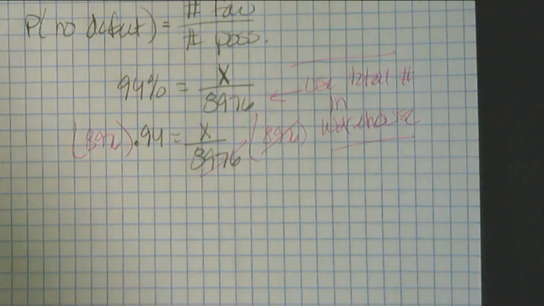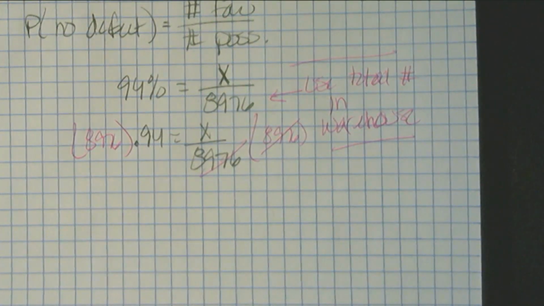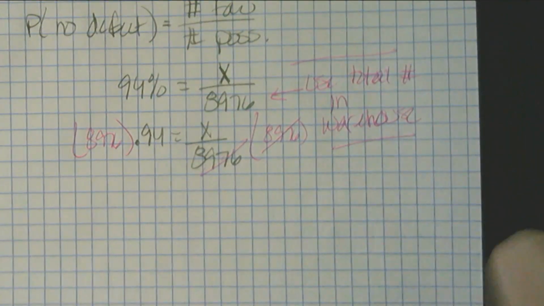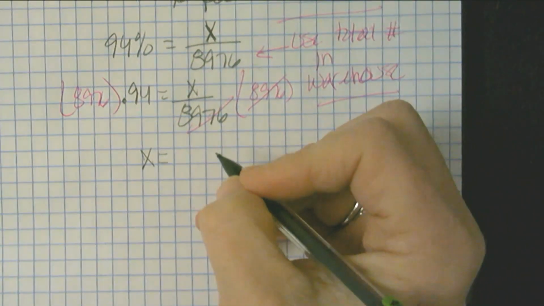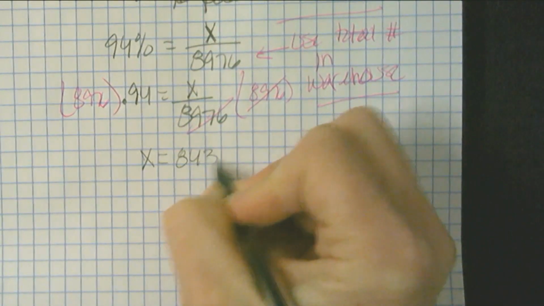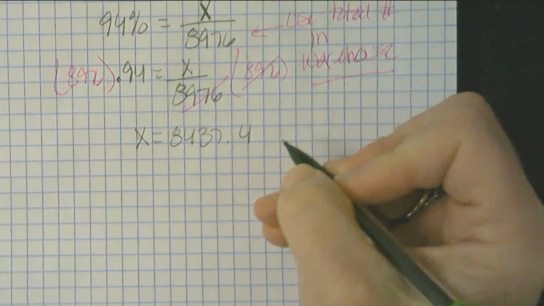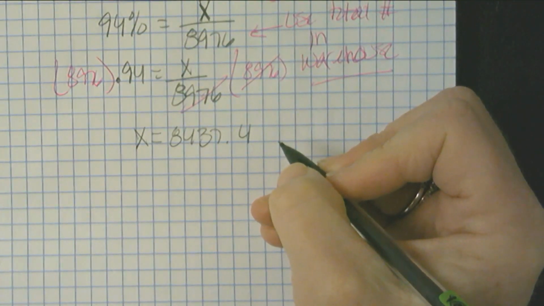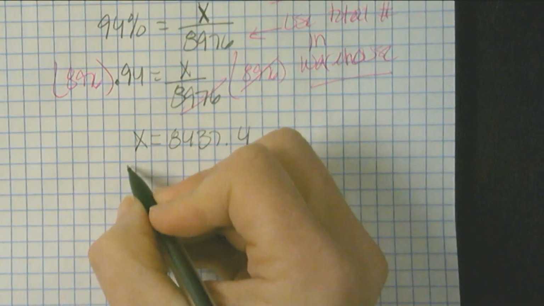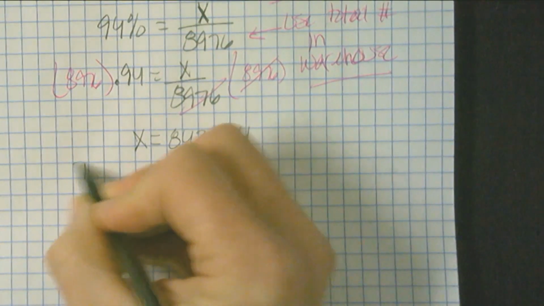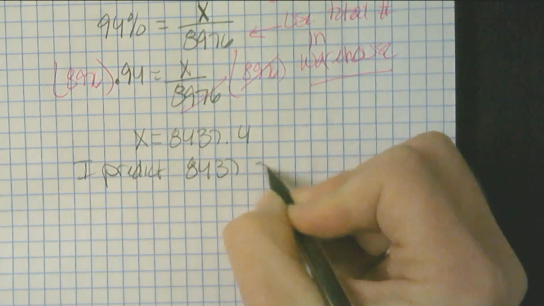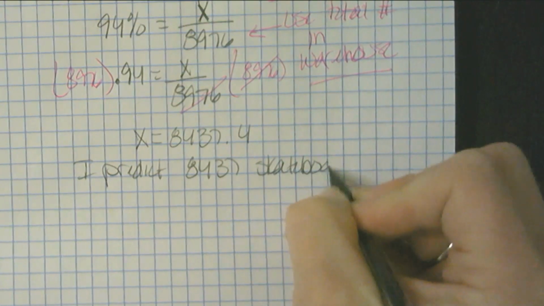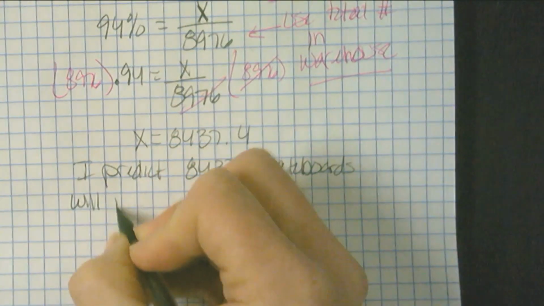So my denominators cancel out, and now I'm going to go ahead and do 0.94 times 8,976. So I got x equals 8,437.4, but I can't have 0.4 of a skateboard. So this is approximate, so I'm going to say I predict 8,437 skateboards will not be defective.